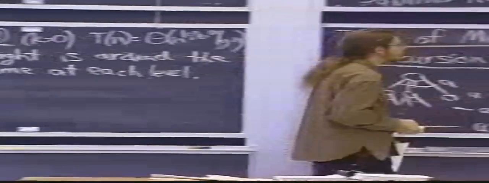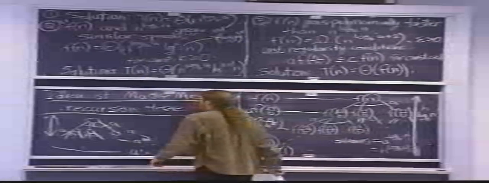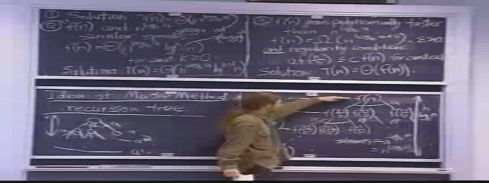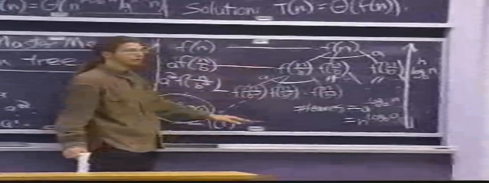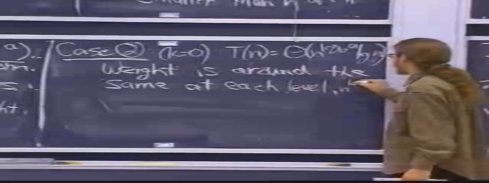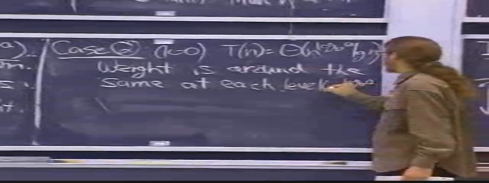Right? If you look at this recursion tree, at the top we have f of n. But now we know the assumption is that f of n is n to the log base b of a, if k equals 0. So that means this cost is within a theta term of this cost. And you can check all of the levels are balanced. And all the weight at each level is theta of n to the log base b of a, roughly.